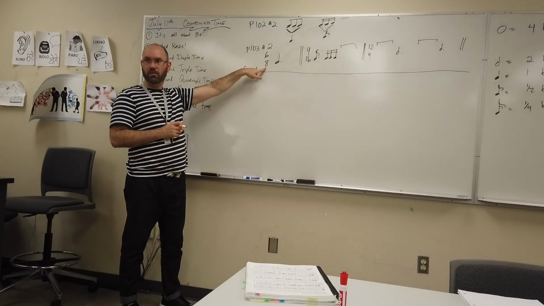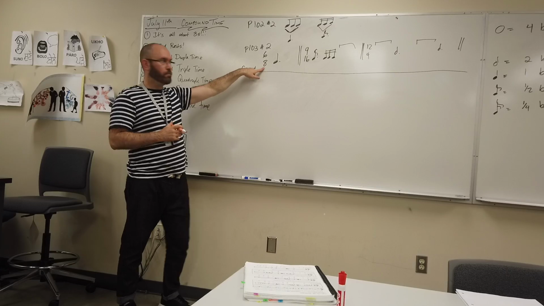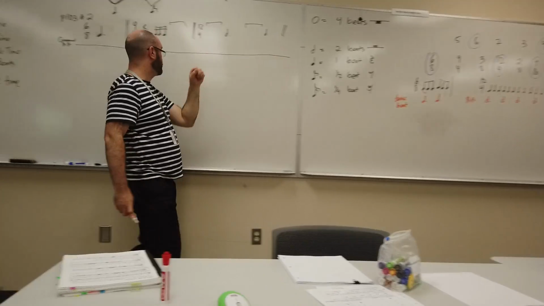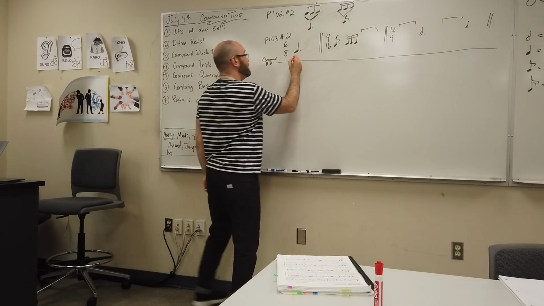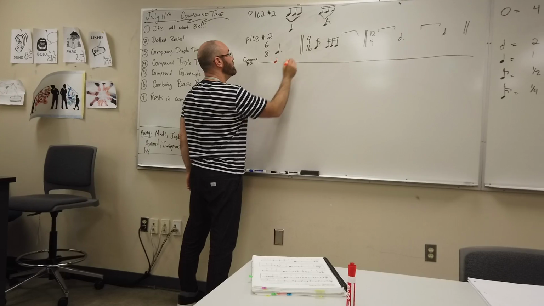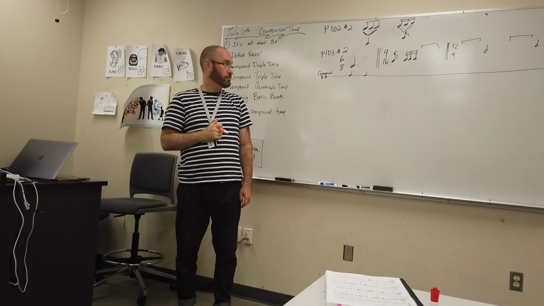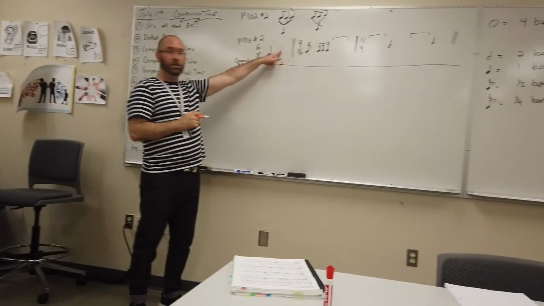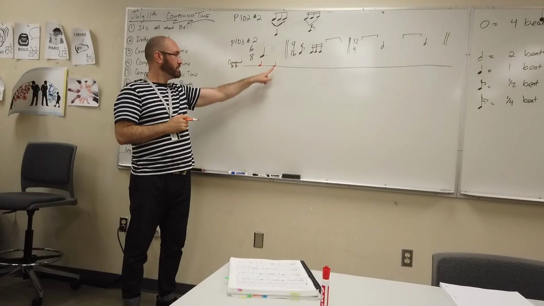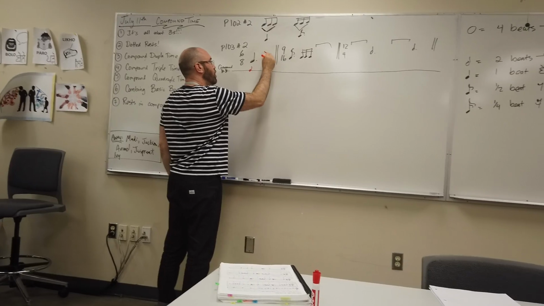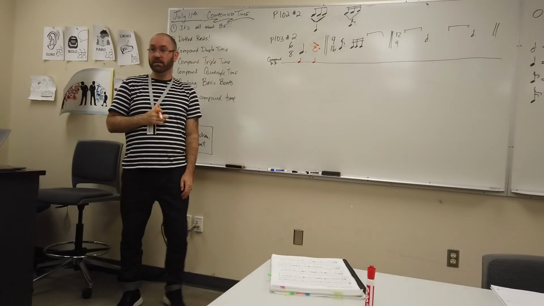Well, what's 3 eighth notes? It's a dotted quarter note. So our basic beat is going to look like this. 1 of these and 2 of these. So to fill this in with the rest, you just do the rest version of this. Quarter rest with a dot.